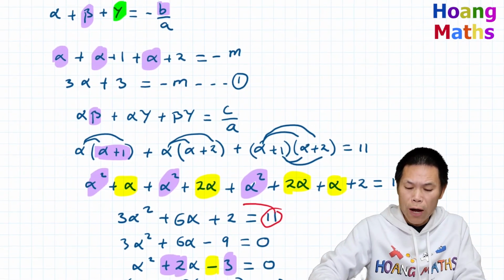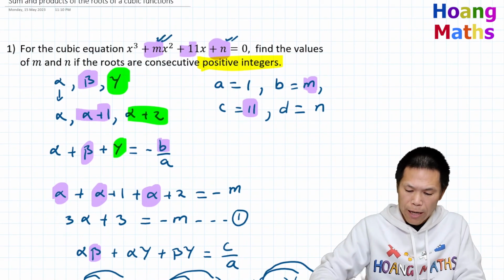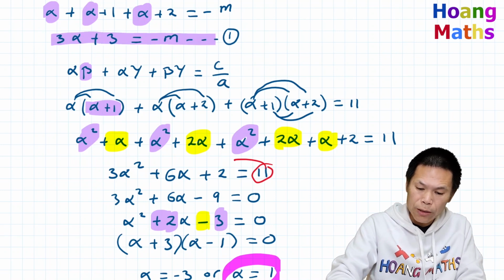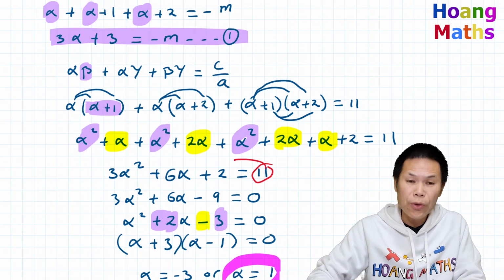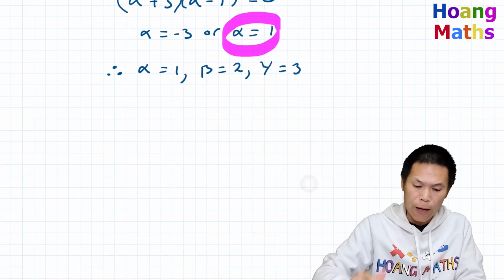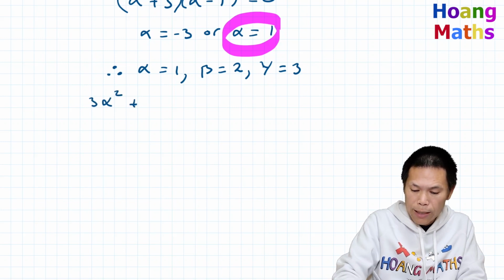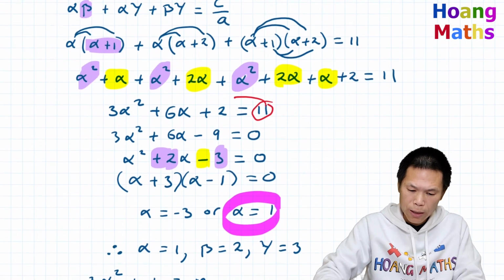So there you go, we have alpha and beta now. But then we need to find the values of m and n. Now if you look at this, we have equation number 1 here. So if we substitute alpha into equation number 1, let me just write this down first. From equation number 1, we have 3 alpha squared plus 3 alpha is equal to negative m. Let me just double check.